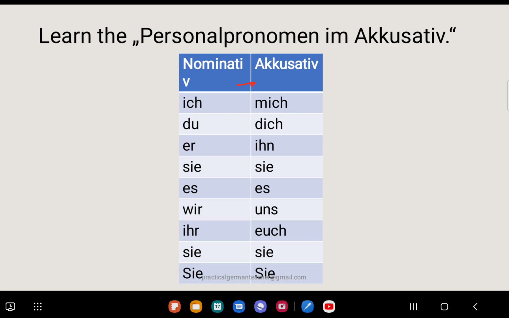You can learn it like "ich" in nominative becomes "mich" in accusative, "du" becomes "dich", or "es" remains "es" in accusative as well. Or you can try to sing it: ich mich, du dich, er ihn, sie, es, wir uns, ihr euch, sie. ich mich, du dich, er ihn, sie, es. This is what I'm trying to say. You can do it differently. Of course you can just learn it the normal way: ich, mich, du, dich.